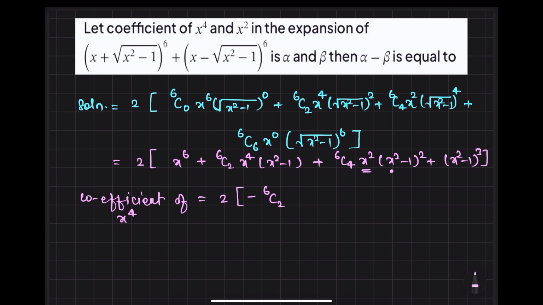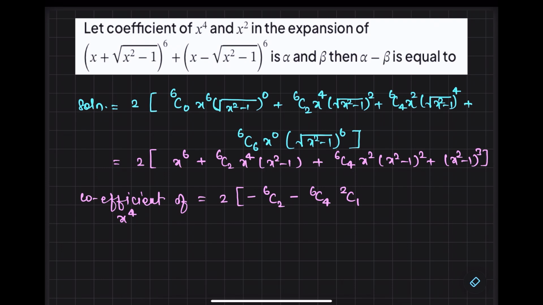X power 2 into x power 2 will become x power 4. Now let's try to recreate that situation. So plus of 6c4 because of this, and then we want this to take power 1, because the power is 2 na. So we will go with 2c1. So minus 1 power 1 will be given, and then you will have negative, so this thing will become minus. Correct?